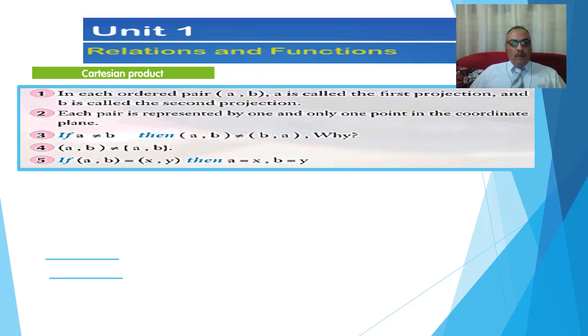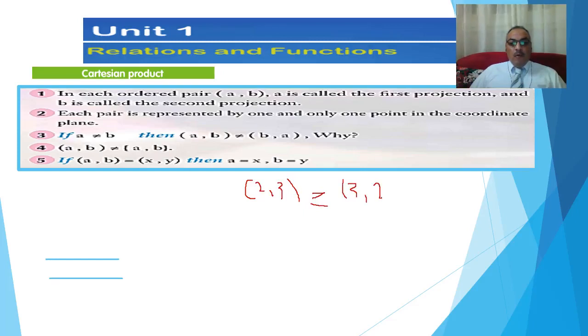Third, if A is not equal to B, then (A, B) is not equal to (B, A). The first component A is not equal to the first component B, and the second component B is not equal to A. It means we cannot reverse the ordered pairs. Is the ordered pair (2, 3) equal to the ordered pair (3, 2)?